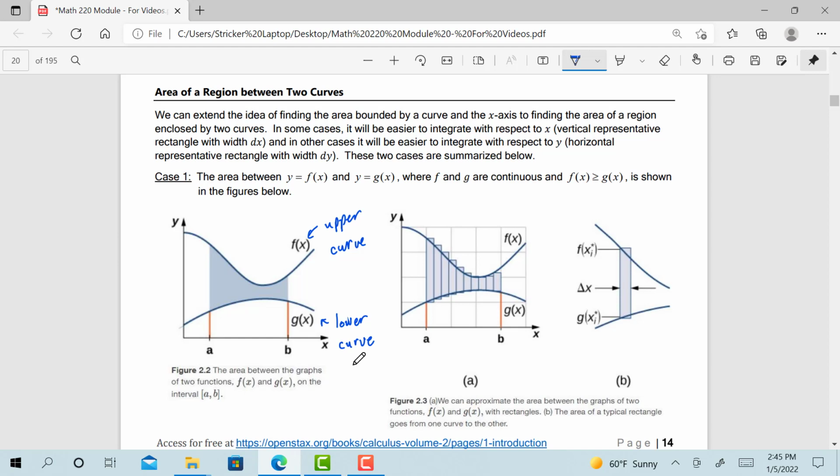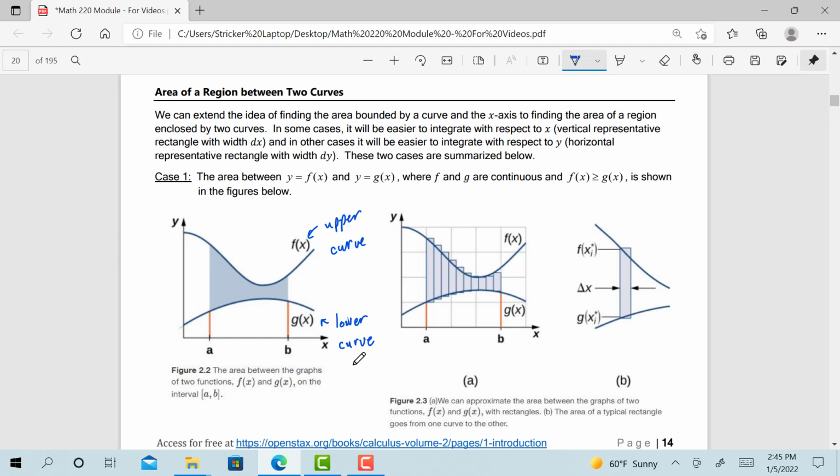And we're going to use the same idea in that we can approximate the area between two curves by finding the area of a bunch of rectangles. Each rectangle has a length and a height, or a width and a height.